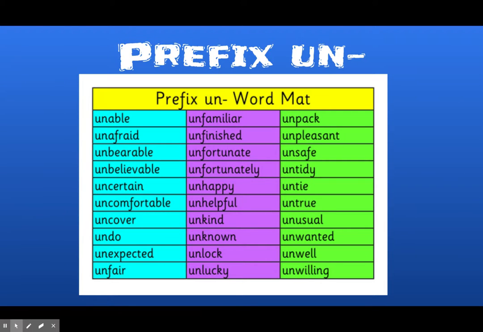And then this is a chart of a lot of the words that the un goes before. In prefix un: unable, unafraid, unbearable, unbelievable, uncertain, uncomfortable, uncover, undo, unexpected, unfair, unfamiliar, unfinished, unfortunate, unfortunately, unhappy, unhelpful, unkind, unknown, unlock, unlucky, unwilling, unwell, unwanted, unusual, not usual, untrue, untie, untidy, unsafe, unpleasant, unpack.